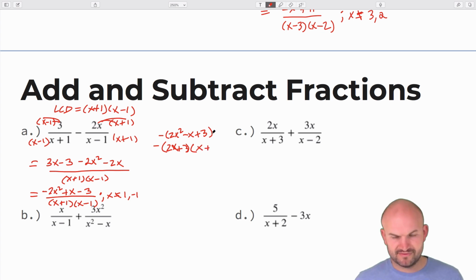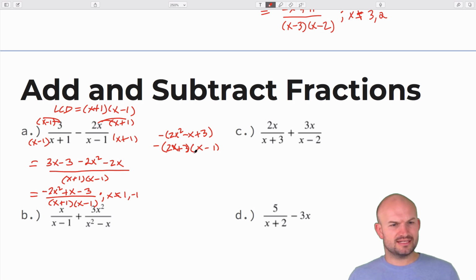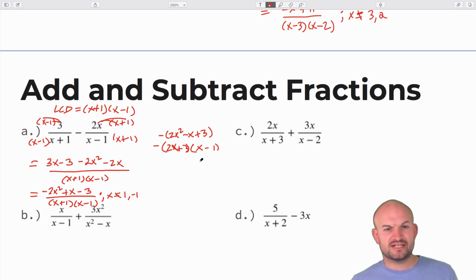No, that's not going to work, so it'd have to be a negative 1. 3x, and that'd be a positive x. Actually that works. x minus 1, yeah, that does work. So you can see that becomes a 2x plus 3 times an x minus 1, right? And then you can see the x minus 1s actually would divide out. So let's actually hold those excluded values here.